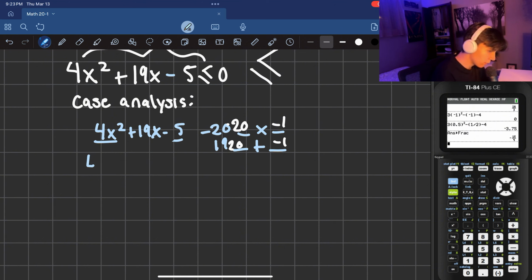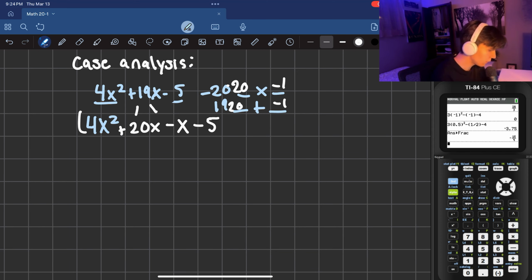So we're just going to be splitting our middle term again, so this is just decomposition. This gives us plus 20x minus x minus 5. Okay, so now let's group these two up and factor out what's common between the two. So we have a 4x that we can factor out from the first one. You get x plus 5. And then you have a negative 1 that you can factor out from the second one.